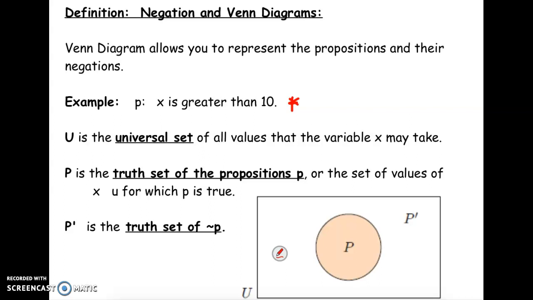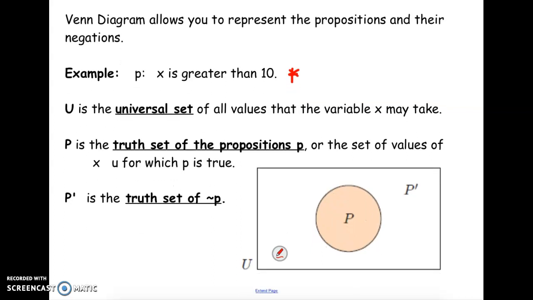P is the true set, what goes inside of that box. And then not P is what goes outside of that. So if we're looking for this example, x is greater than 10, that would be your proposition. Everything that's greater than that, and then anything that does not include that would be outside of it.